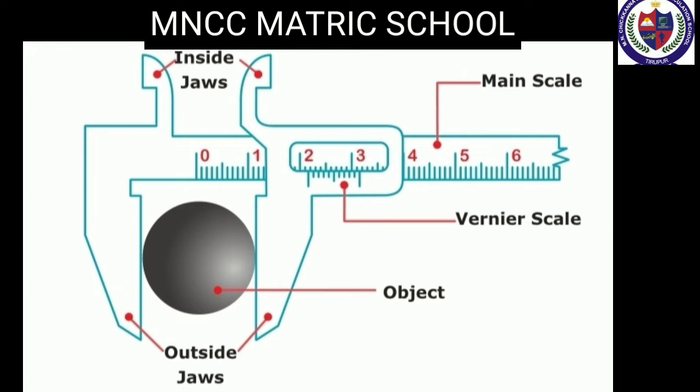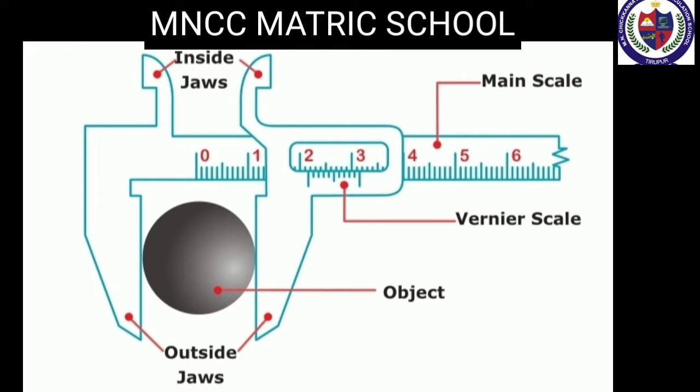To the right of the fixed jaws, a slider with upper and lower movable jaws is fixed. The vernier scale is marked on the slider and moves along with the movable jaws. Next, the thin bar attached to the right side of the vernier scale is used to measure the depth of hollow objects.